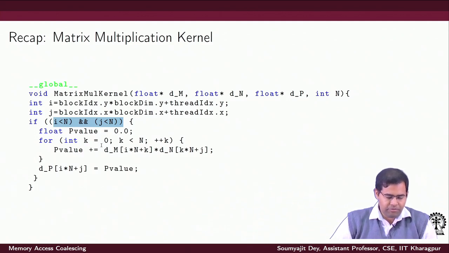As you can see, this is a for loop running from 0 to n minus 1, so essentially we are multiplying two n cross n matrices.